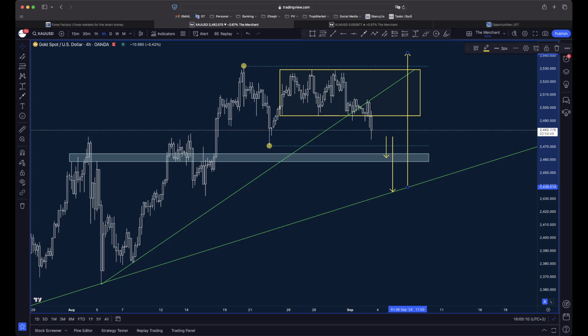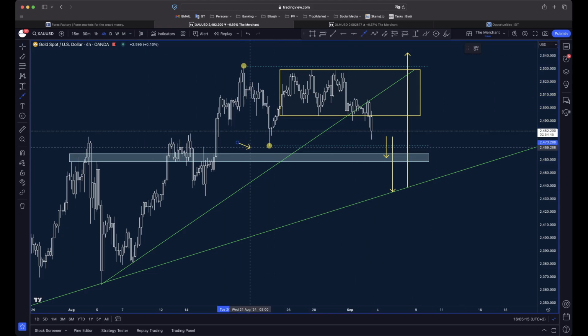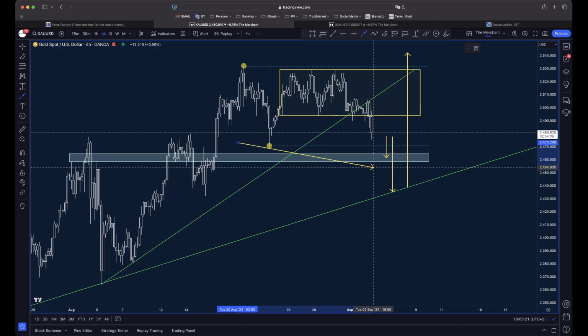What I mean here is, in case the price needs to move to the upside, first it will move to the downside to collect stop losses and use them as fuel to move to the upside, and vice versa.